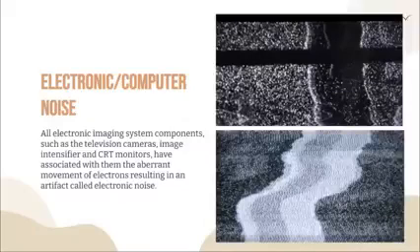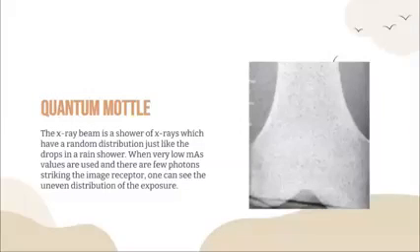The snow-like patterns seen on a television monitor tuned to a weak station, or the background static in a sound system, are two examples of electronic noise. So electronic noise, computer noise, is what you see on the monitor, the flickering of TVs. Most likely this noise is dynamic, so it keeps shifting. For quantum mottle, the difference is that quantum mottle is in the image itself.